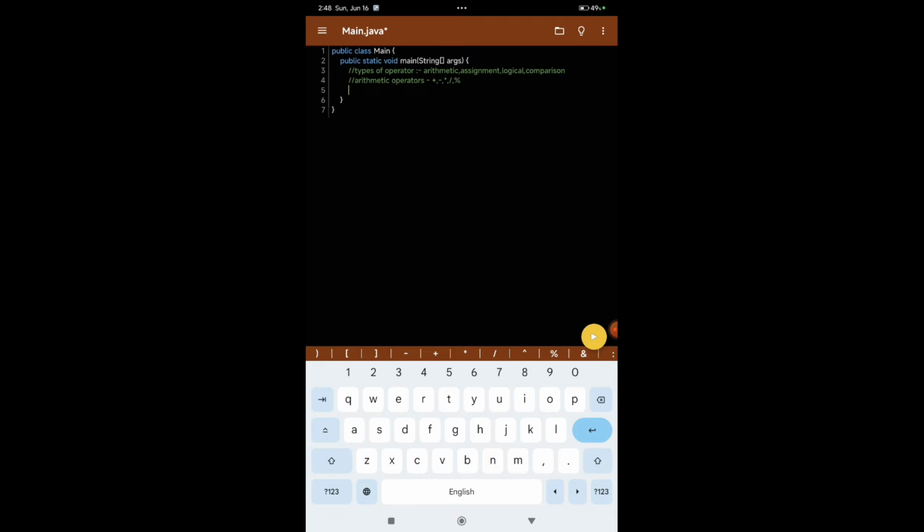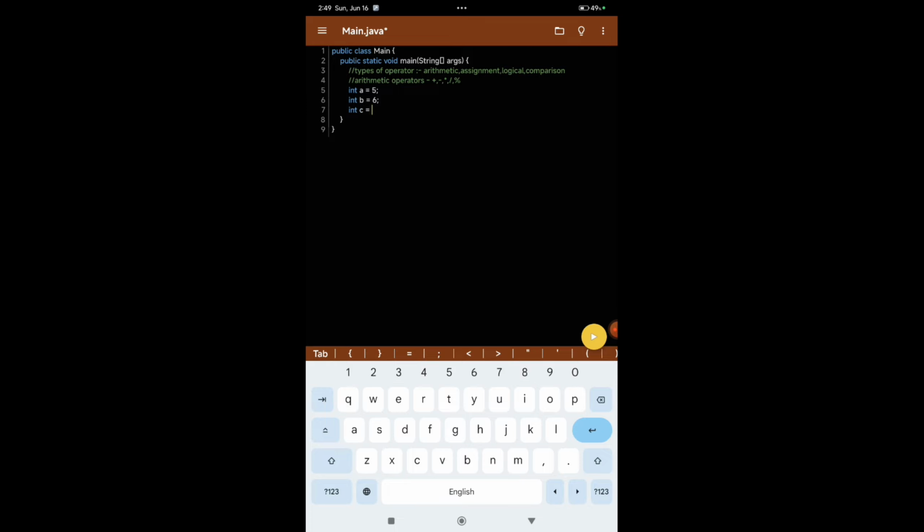That come under arithmetic. First I will make a data type int and a variable a, and assign a value of 5 to it, another variable int b, and I will assign a value of 6 to it. Now I will make a third variable, an integer data type named c.